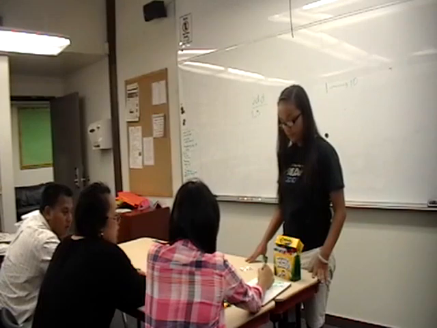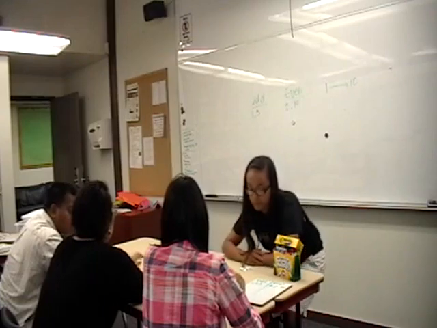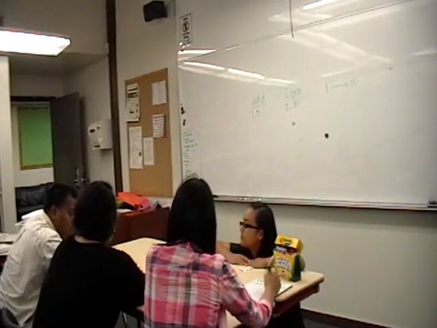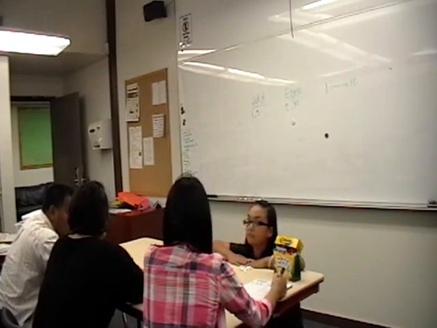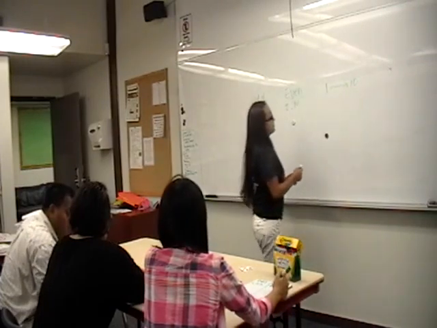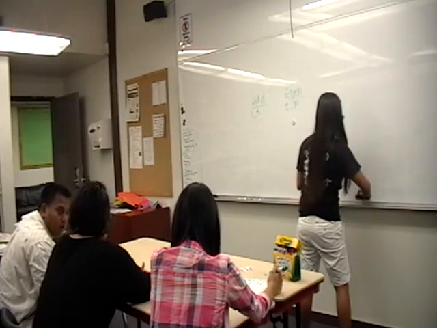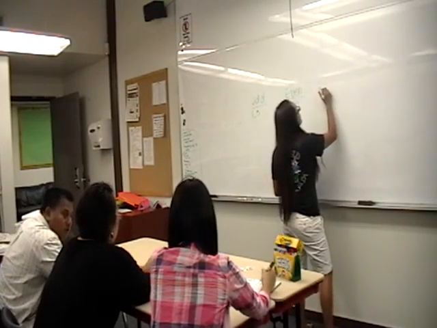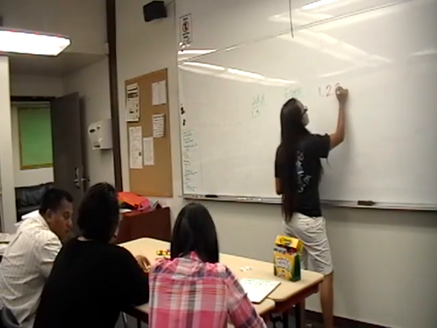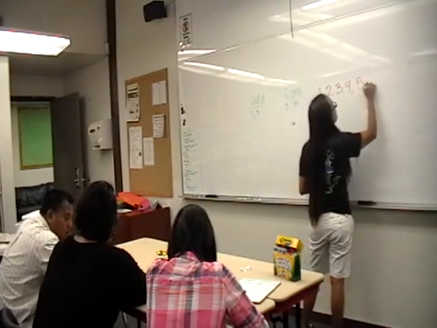Five is an odd number. 6. 1, 2, 3, 4, 5, 6. So even. Yeah, it's even. 6 is even. And then what about 7? 1, 2, 3, 4, 5, 6, 7.